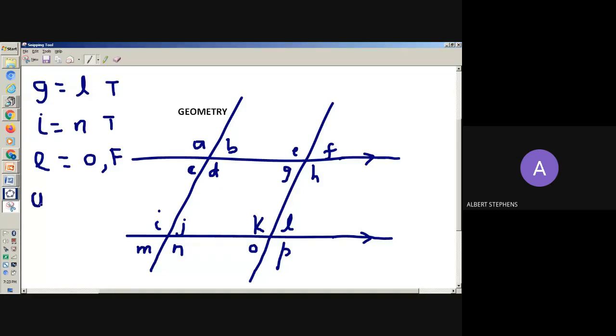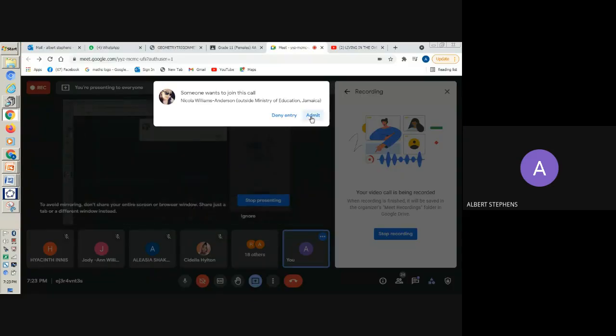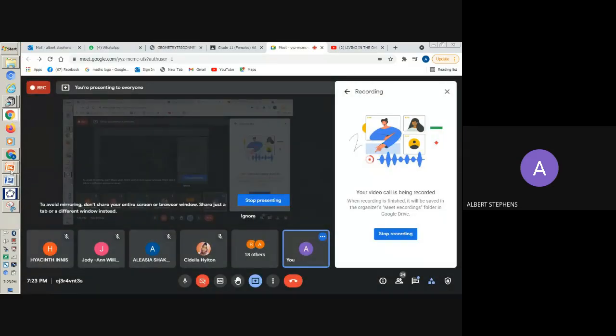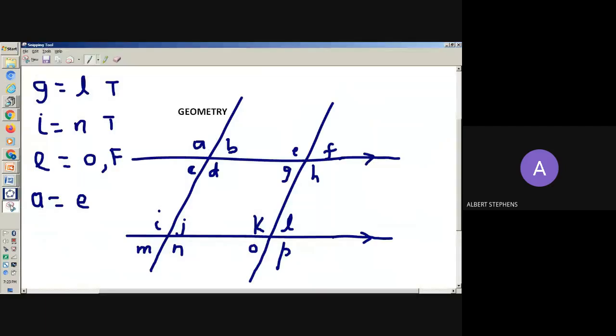Is A equal to E? Is A equal to E? True or false?